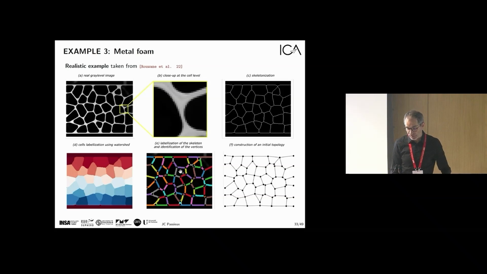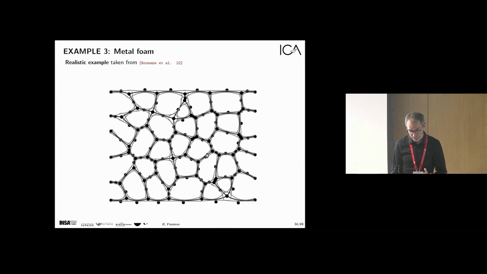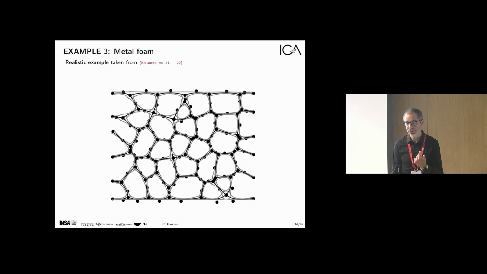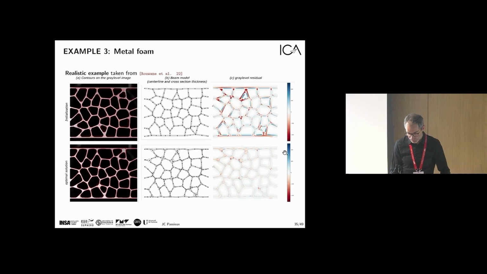And then we were able to build an initial explicit description of the foam, and then it was possible to run the algorithm, and the algorithm was capable to estimate the complex, random geometry of this sample. Again, we can see that the geometry is well estimated and the residuals are small.